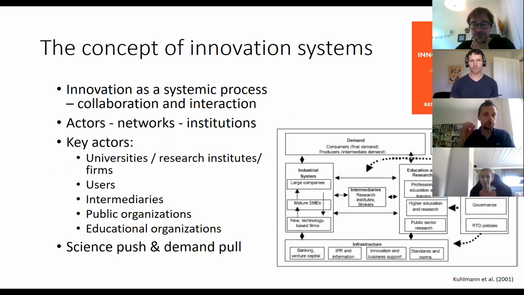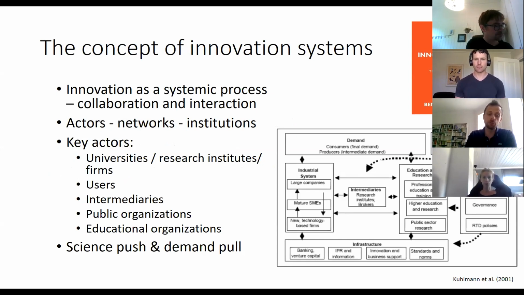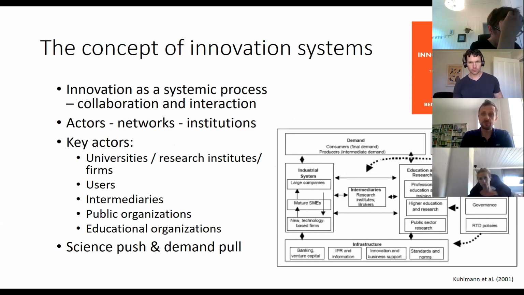So, the concept of innovation systems. An innovation system should be understood as a network of actors working under a given institutional framework with a focus on the development and diffusion of innovations. It emphasizes innovation as a systemic process, with collaborations and interactions between many different types of actors being important.